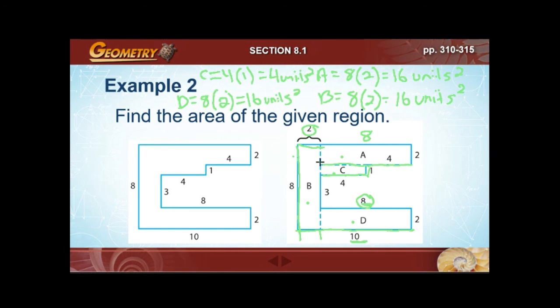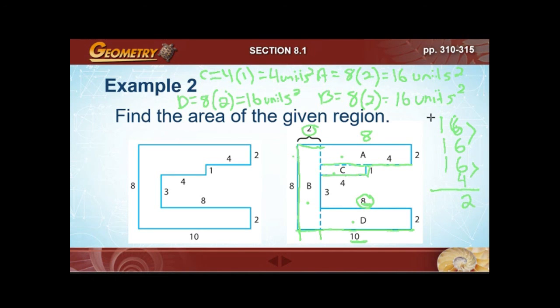Okay, so now we can add up all of those to get the total area of this figure. So we're going to do 16 plus 16 plus 16 plus 4. Okay. And then I'm going to notice that 6 plus 4 is 10, and that 6 plus 6 is 12. And I'm going to add 12 and 10. That's 22.